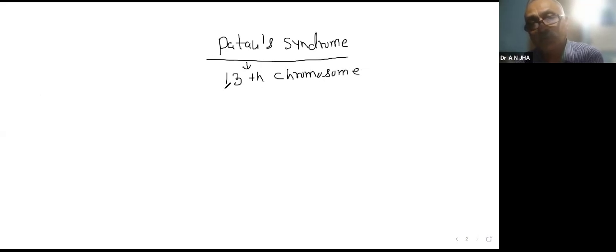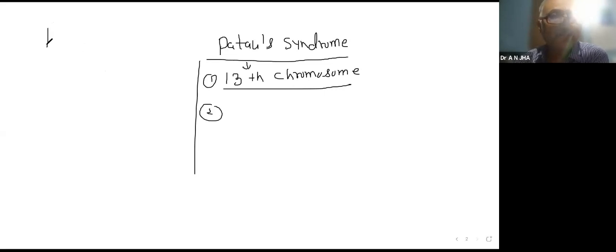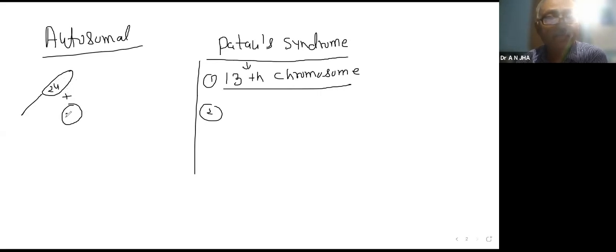As it is autosomal, like the previous one, it could be due to an abnormal sperm, that is 24, plus a normal egg, that is again 47, but here the extra is the 13th.